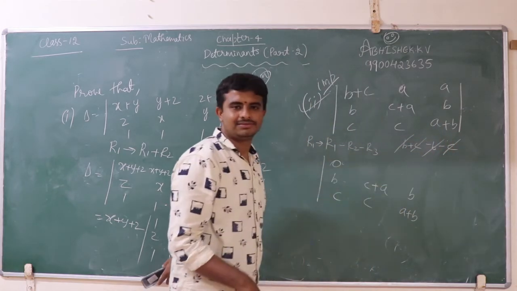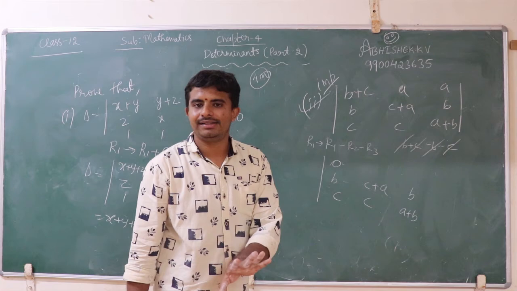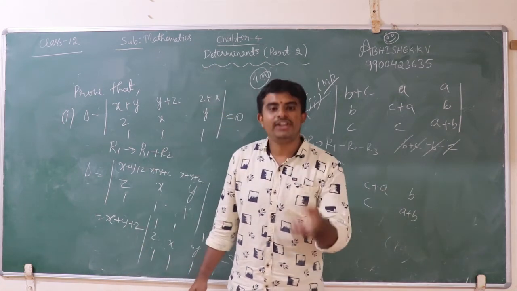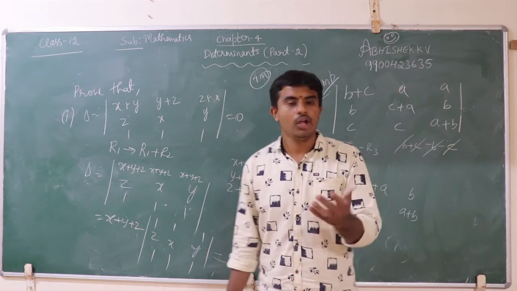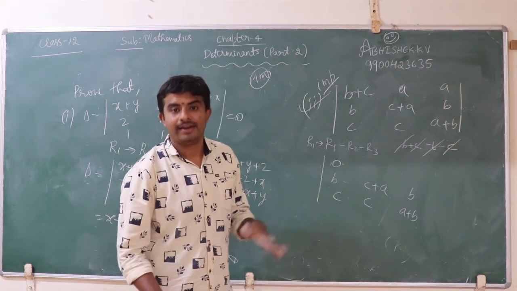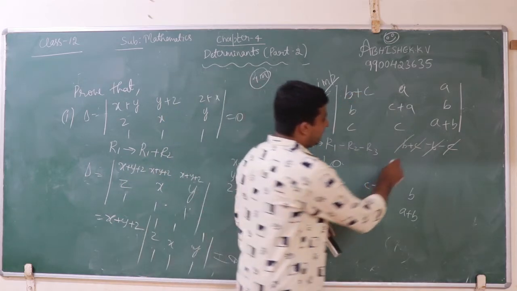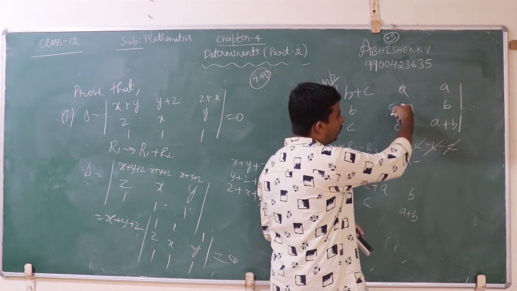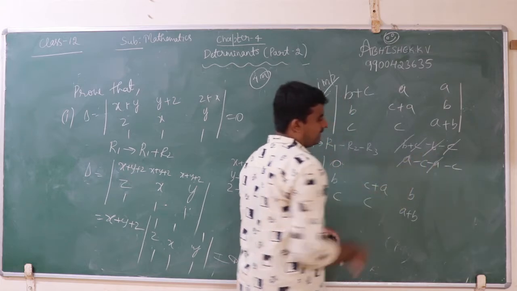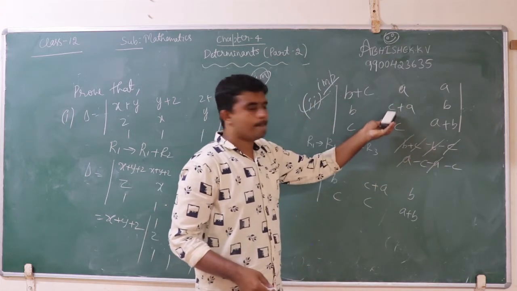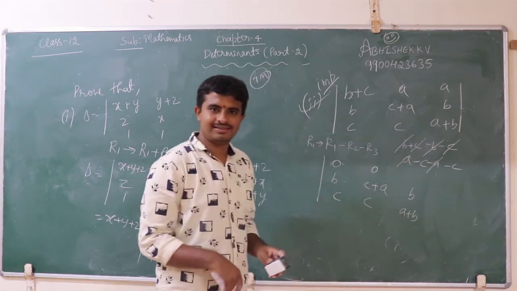The remaining is 0. The first observation is whether any two rows or columns are identical, or if not, try to make them identical by some operation. If that is not possible, then go through more operations. Try to make any row or column have the maximum number of zeros. See here, if I consider a, R1 minus R2, c minus a minus c: a gets cancelled, and again we are getting 0.